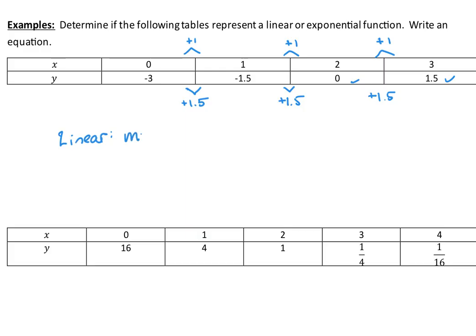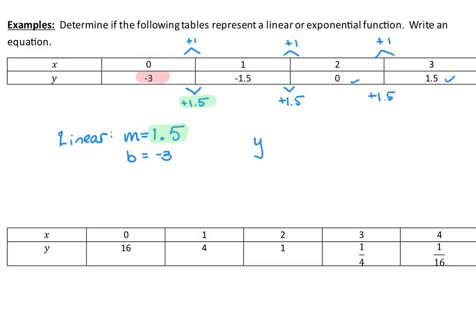We have a slope of 1.5, and we have a y-intercept of -3. And so we can use this in order to write our equation.